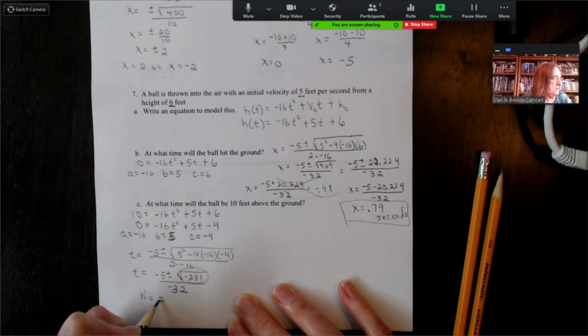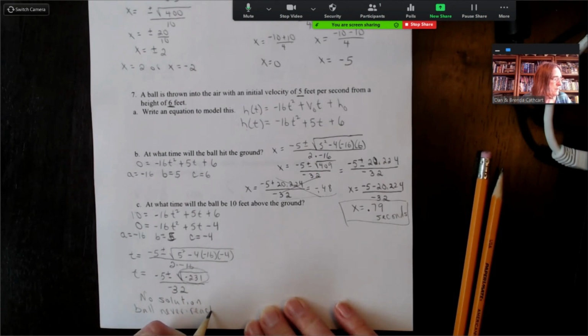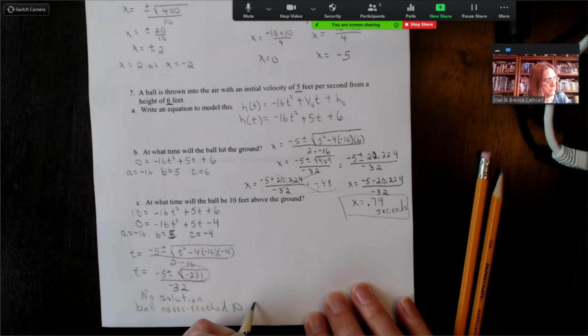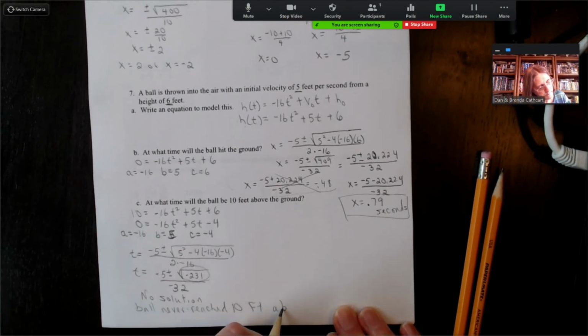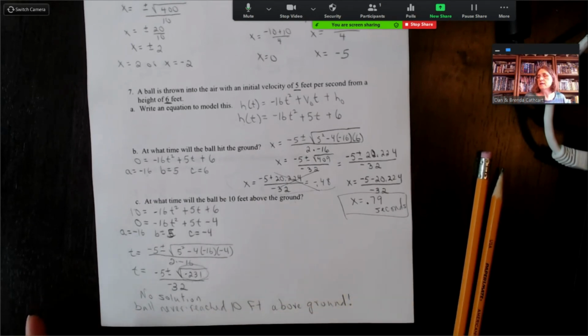So this has no solution. The ball never reached 10 feet above the ground. Okay, and that's our lesson for using the quadratic formula to solve quadratic equations.